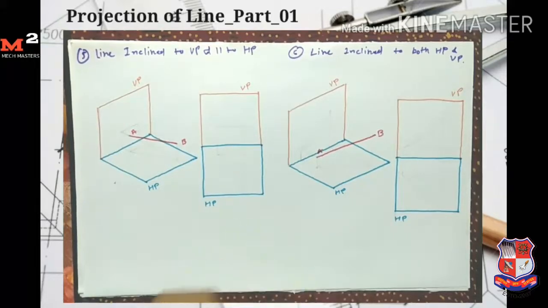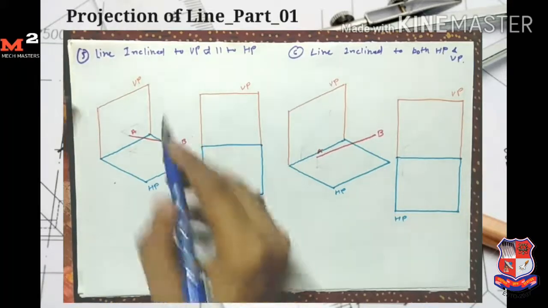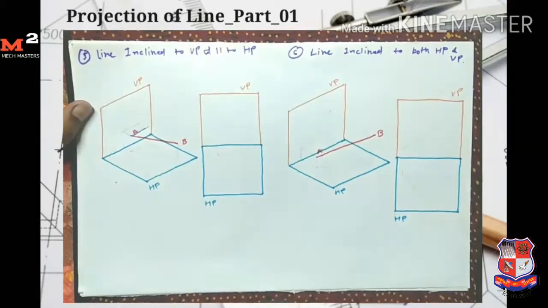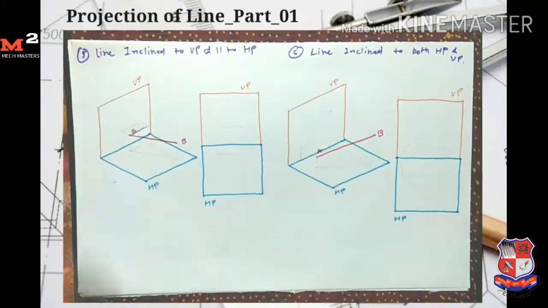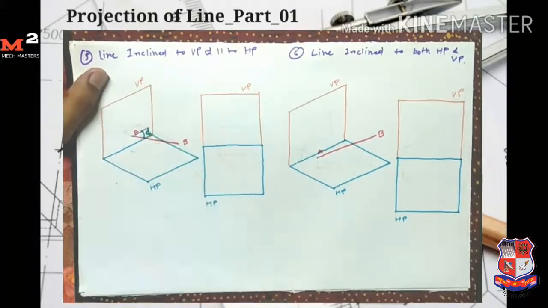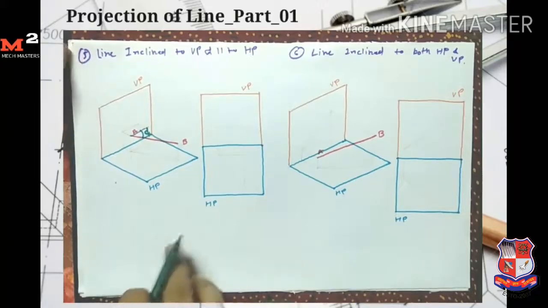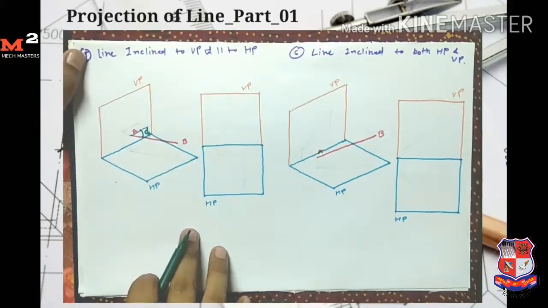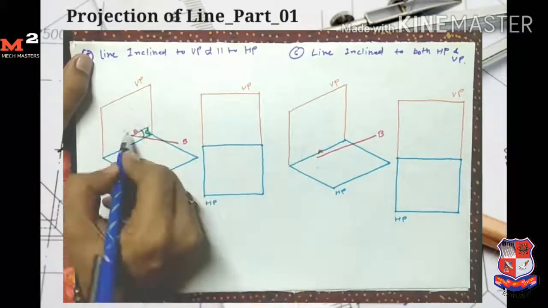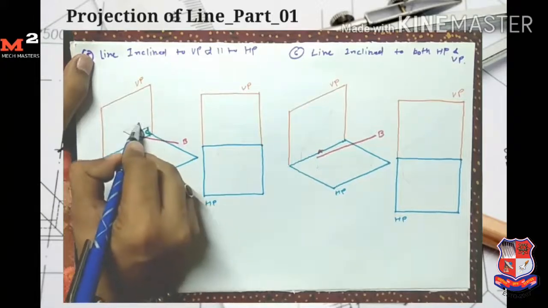In this fifth case, the line is inclined to VP and parallel to HP. So here the line makes an angle. When the line makes an angle with VP, it is represented by phi. So here the line makes an angle phi with the vertical plane and is parallel to the horizontal plane. For drawing its front view, I take the projection of line AB on the vertical plane.